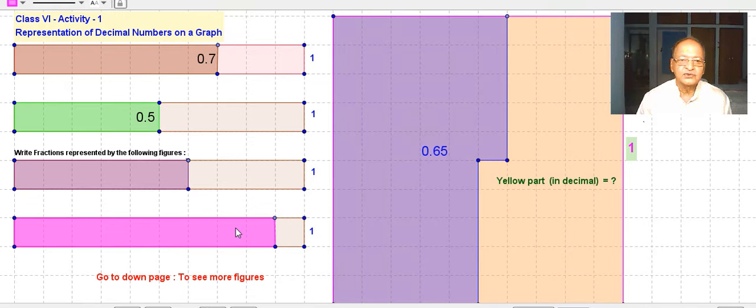So we can compare them, add them, subtract them. By practice you can add and subtract them. You can manage it. For adding, take these 3 boxes and make a full strip.